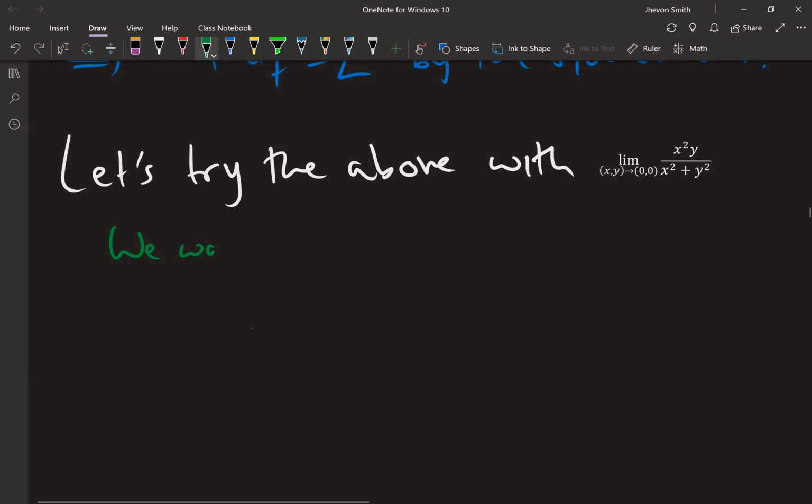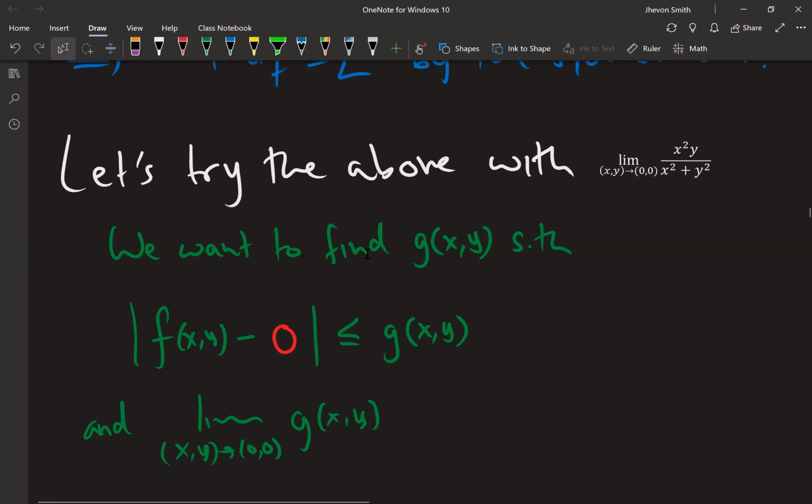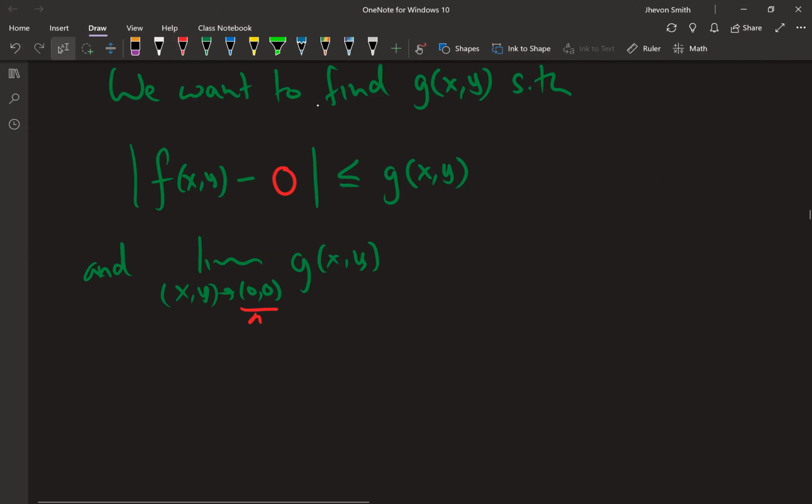We want to find g(x, y) such that |f(x, y) − 0|, which is what we think the limit is, is less than or equal to g(x, y), and the limit as (x, y) approaches (0, 0) of g(x, y), and it's (0, 0) because this was the given limit. It's not always 0 here. I want that to equal 0.